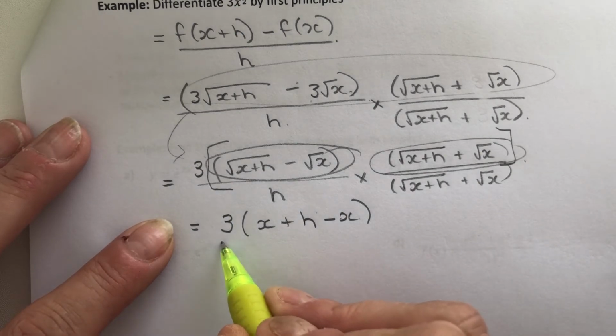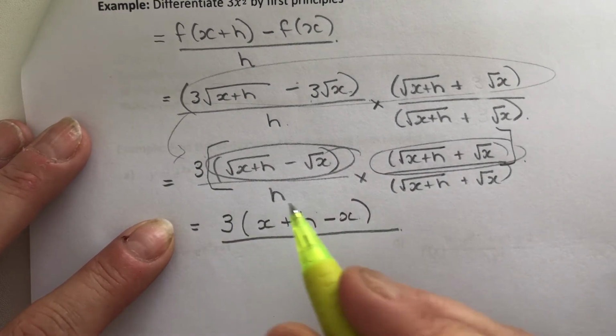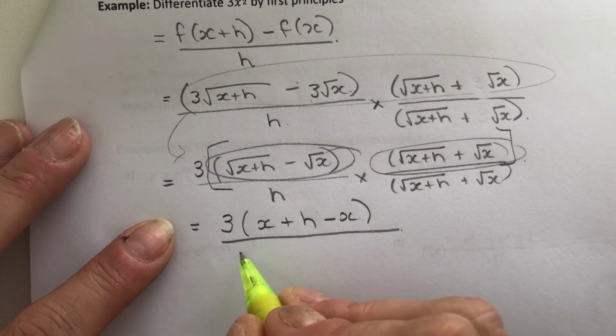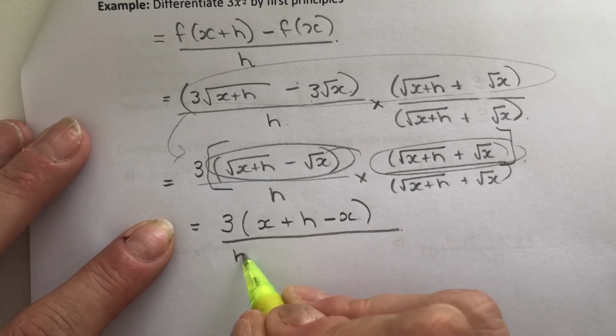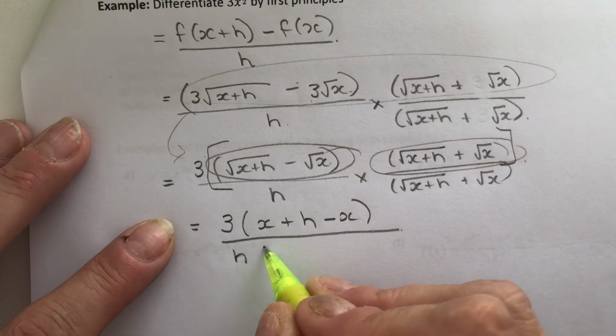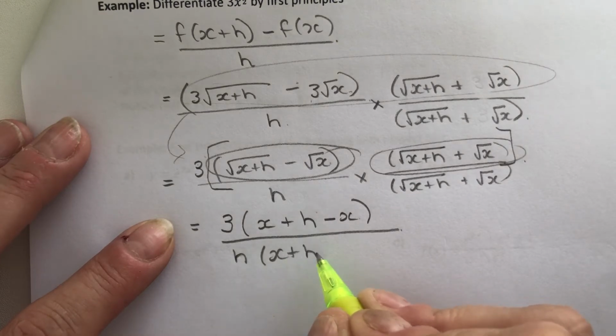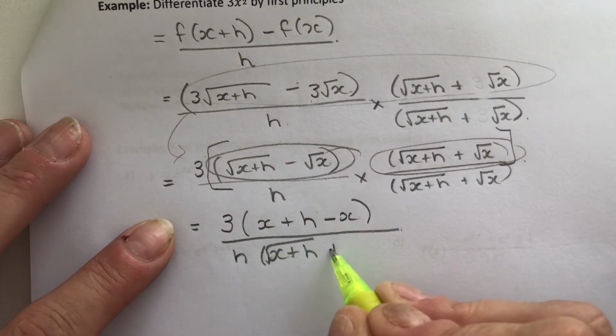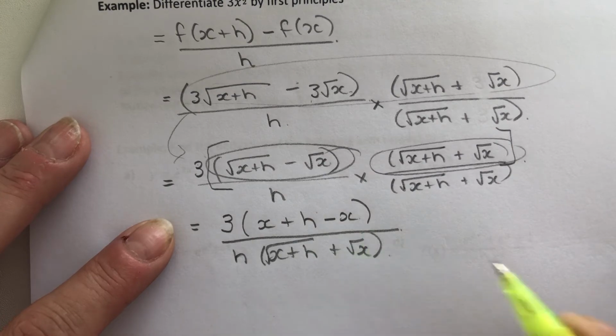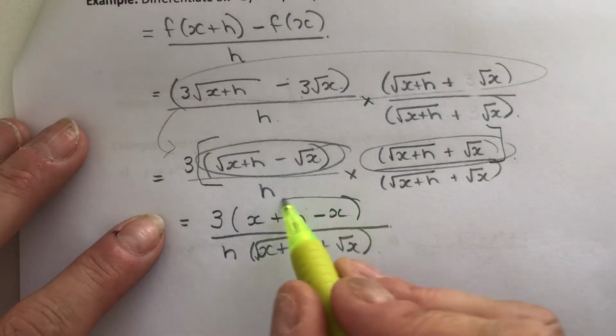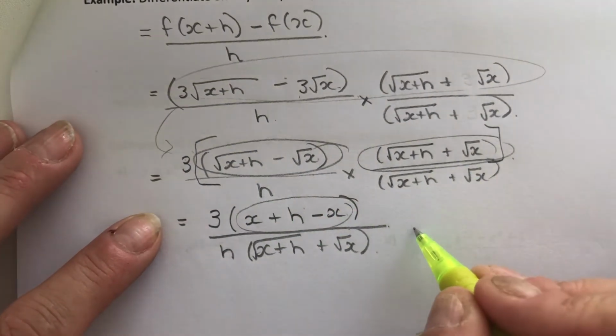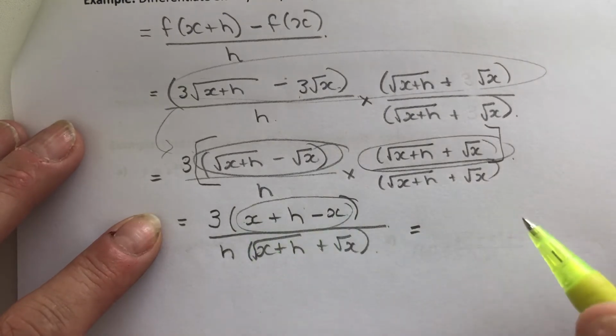All right, and on the bottom, we are going to have h, and then what we've had to put in here, x plus h plus root x. All right, what happens here? You can see, hopefully, x minus x, so they just go.